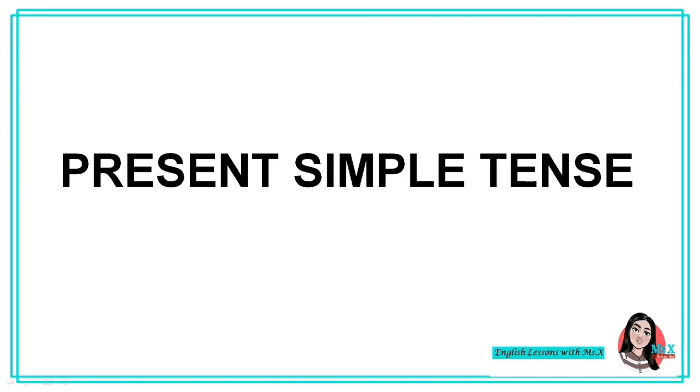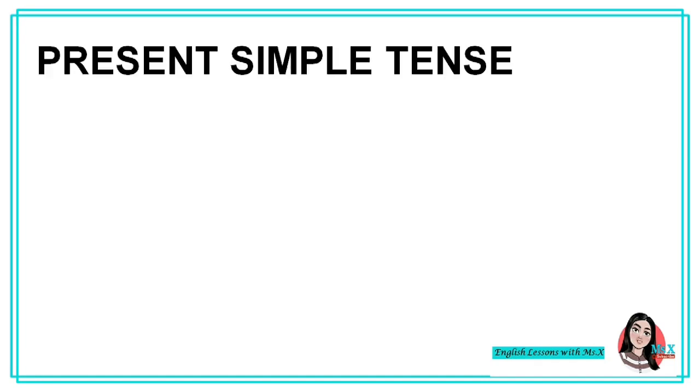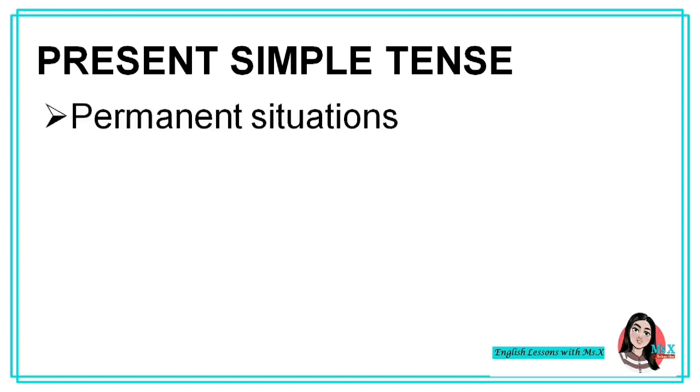Hello everyone, welcome back. In this lesson, you will learn how to use and when to use the present simple tense. There are different situations in which we can use the present simple tense. First, we can use this tense to express situations which are more or less permanent.